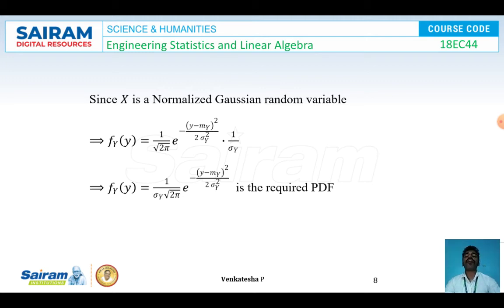Like how, f_Y(y) is equal to 1 by square root of 2 pi into e power minus ((y minus mu_y) by sigma_y) whole squared by 2, into 1 by sigma_y. On simplifying further, the density function f_Y(y) is equal to 1 by sigma_y square root of 2 pi, e power minus of (y minus mu_y) whole square by 2 sigma_y square, which is the required PDF for the given transformation y is equal to ax plus b.